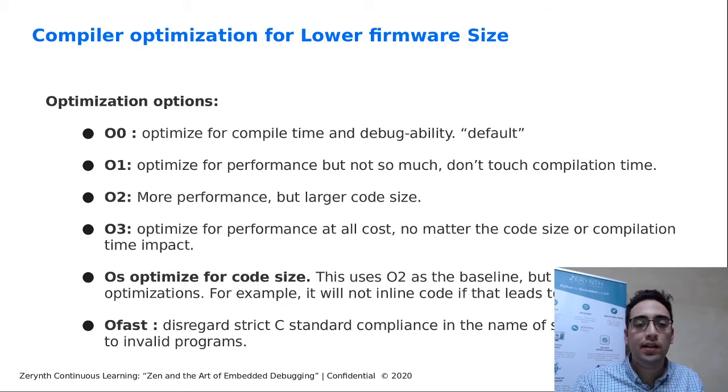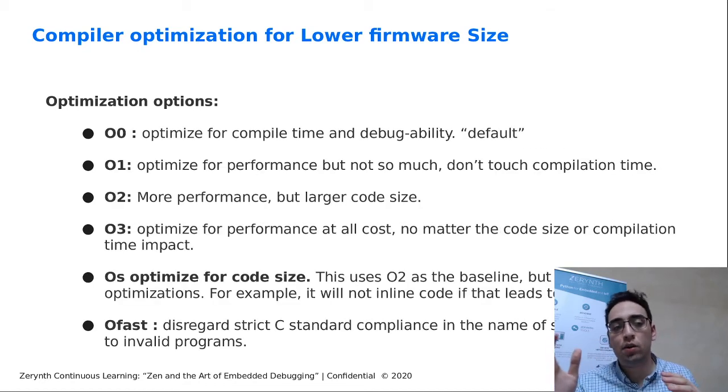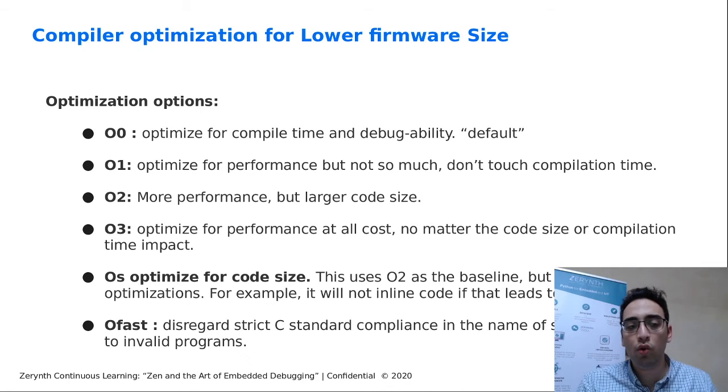So let's translate these options to arguments. O0 is for debuggability, which is the default. That's a very important piece of information, because if you don't define any option for the compiler, it will optimize for compile time and debuggability, which is not really the best optimized way. O1 is the performance.